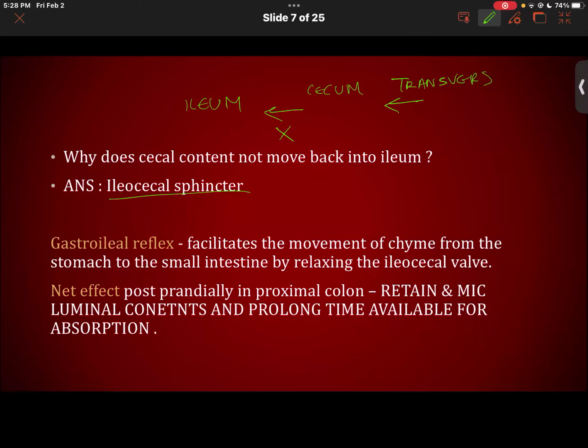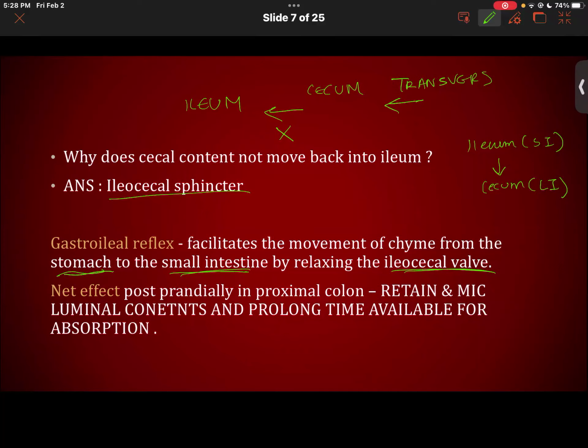Now, the gastroileal reflex facilitates the movement of chyme from the stomach to the small intestine by relaxing the ileocecal valve. Now, you may ask, okay, so the movement of chyme from the stomach to the small intestine, what does the ileocecal valve have to do with this? The ileocecal valve is the valve between the ileum, which is in the small intestine, and the cecum in the large intestine. So what does the stomach have to do with this? And the answer to this is that it's an indirect effect.